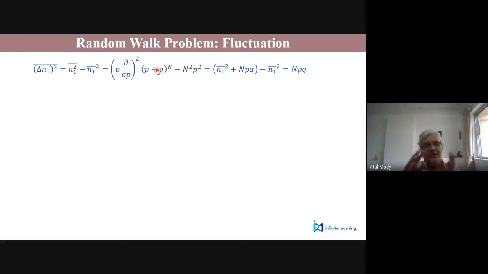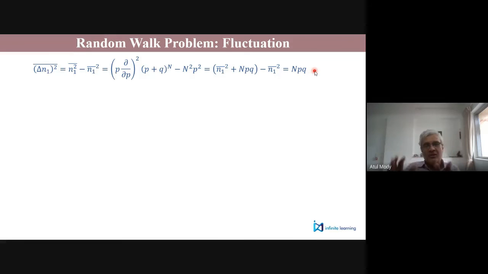Then you multiply by P. Then you take differentiation again. Please do that and convince yourself it will be N1 bar square plus NPQ, out of which the N1 bar square will cancel out and delta N1 square will become NPQ.